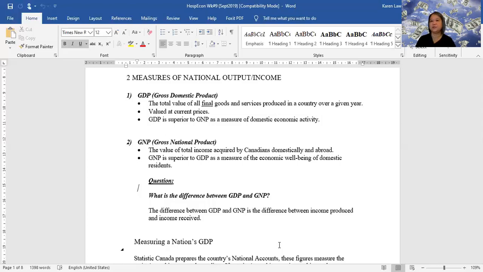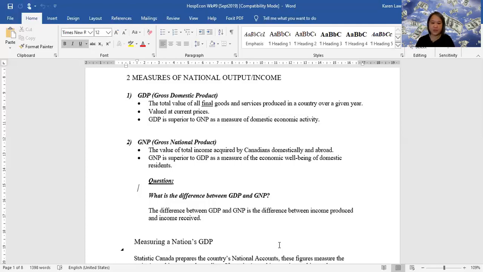So I'll just give you an example here. Let's say you go to Costco and you buy a bag of flour, and you take that home and you make cookies, and you give those cookies out to a friend, or you eat them yourself. The bag of flour that you bought from Costco would be considered a final good.